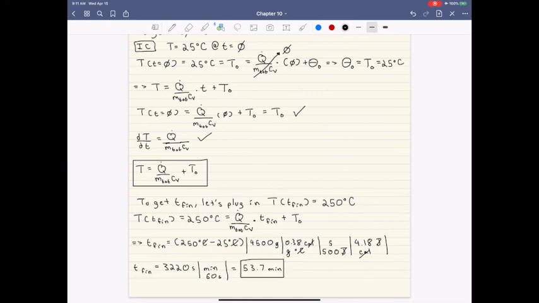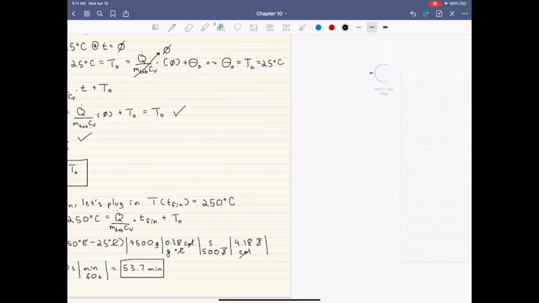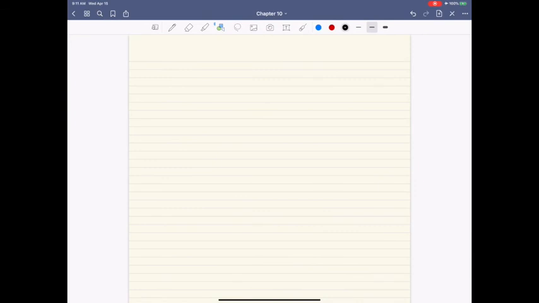The last thing I want to do in this video is, now that we have this equation that describes temperature as a function of time, and we also know how long it takes to heat our system to 250 degrees Celsius, plot the behavior, so that we get an idea of, if we wanted to heat the system to any temperature that we wanted, we could figure out how long that would take.